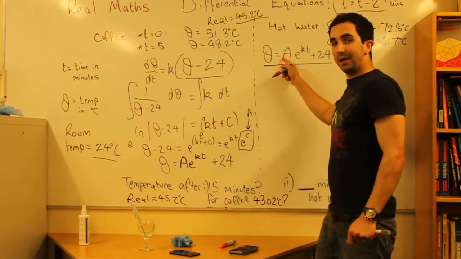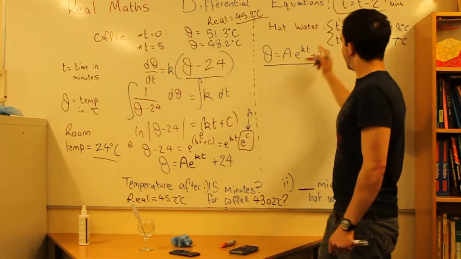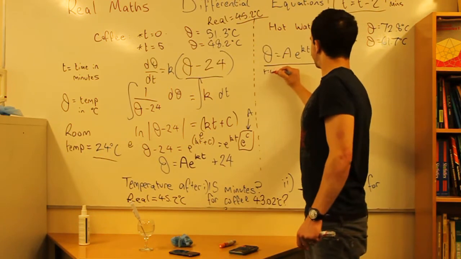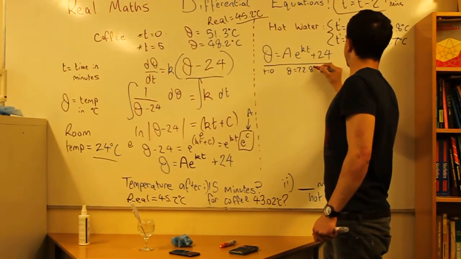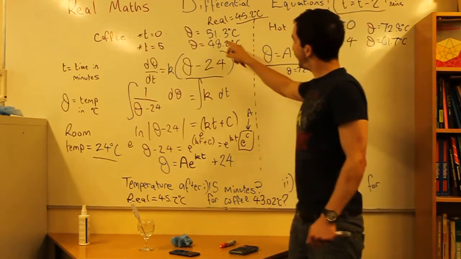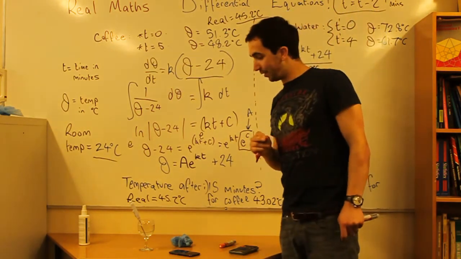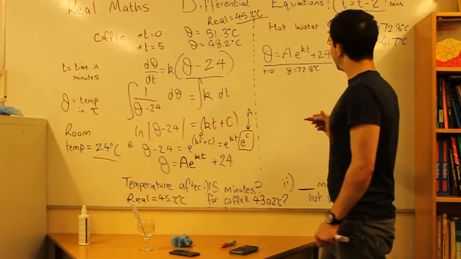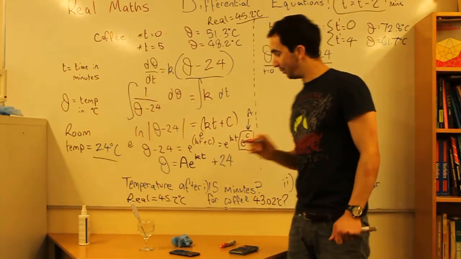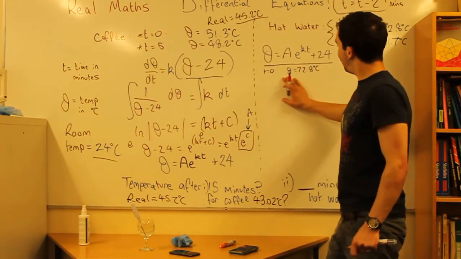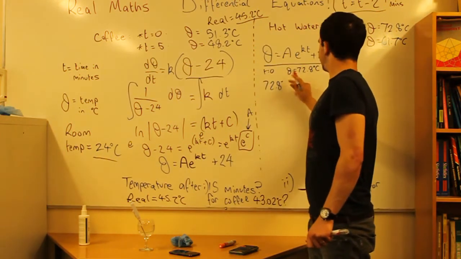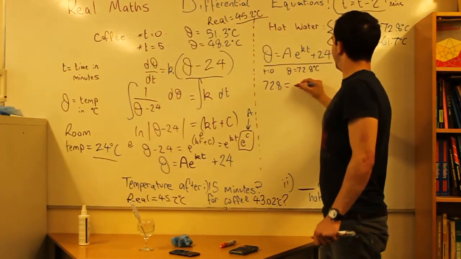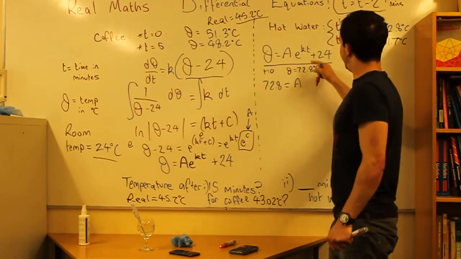We've got this, and we've got the initial conditions. So when t is 0, theta is 72.8 degrees C. So you can see it's quite a bit hotter than the coffee. And I actually burnt my fingers holding it before. So we're going to say 72.8 degrees C is equal to A times e to kt, plus 24.